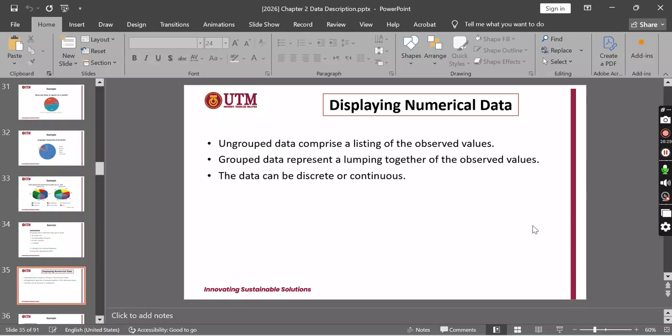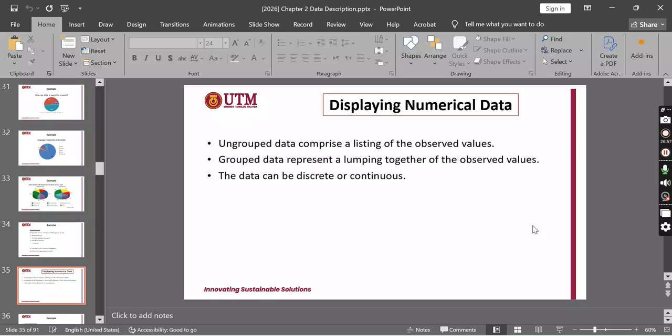When you're talking about a quantitative data set, there are only two types: ungrouped data set and grouped data set. Okay, ungrouped and grouped. And we have two types of them: for grouped and ungrouped, we have discrete and continuous. So what is discrete and what is continuous here?